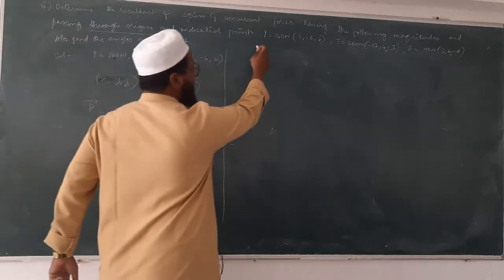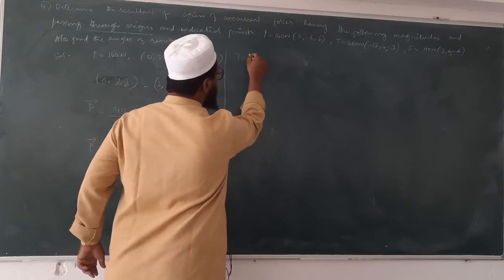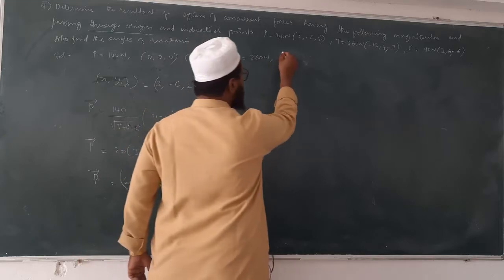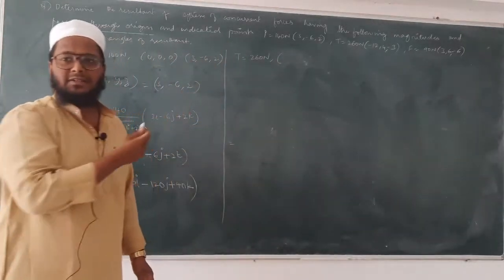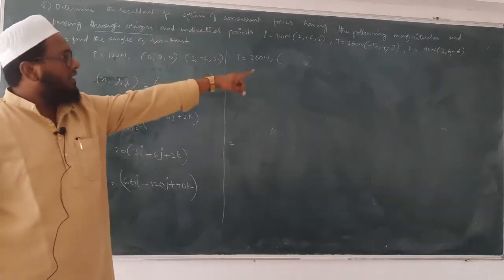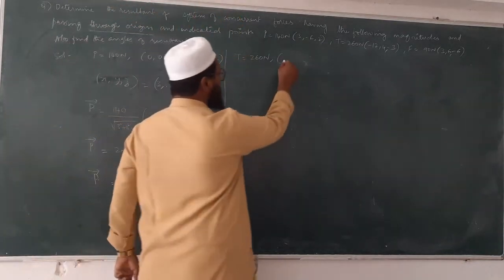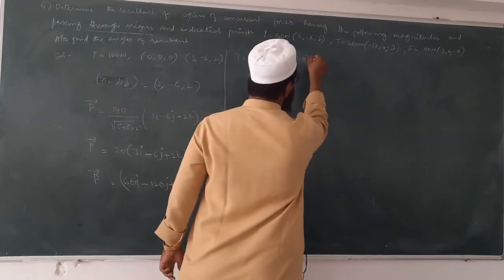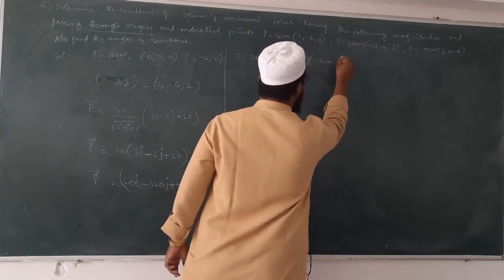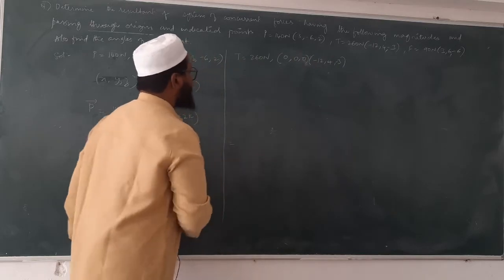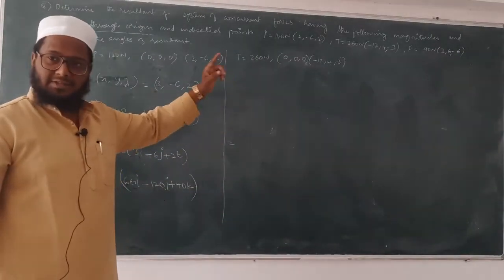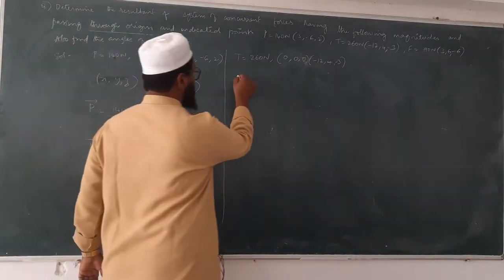Now, next is T is equal to 260 Newton, and this 260 Newton is again starting from origin and going towards that point. So 0, 0, 0 and minus 12, 4, minus 3. Now, what is the next thing we'll do? X, Y, Z for this force.